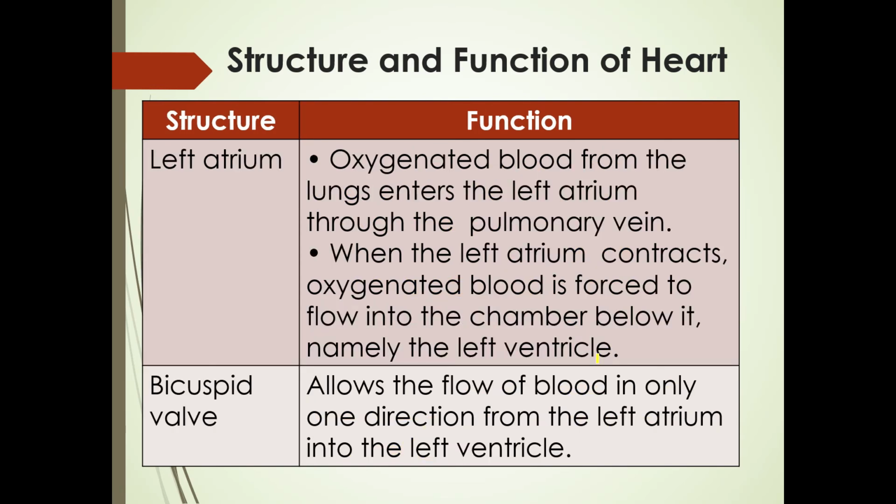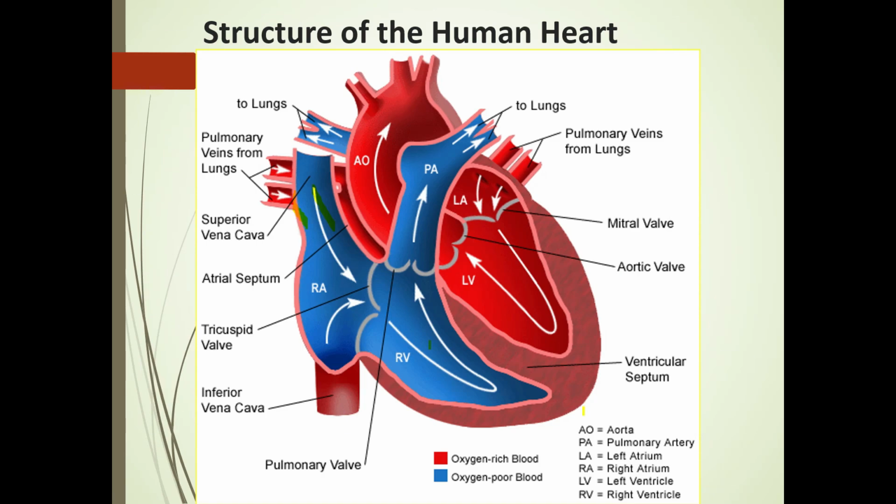Okay, now I have already finished explaining about the right atrium. So now we go to the left atrium. I go back to the diagram here. Now the deoxygenated blood goes to the lung, and I think you already know the gas exchange occurs at the lung, where the oxygen diffuses into the red blood cells, right?